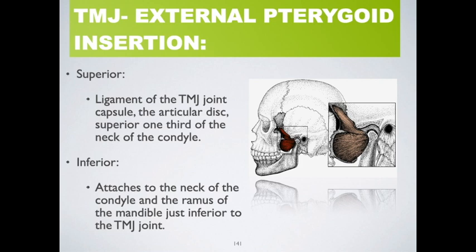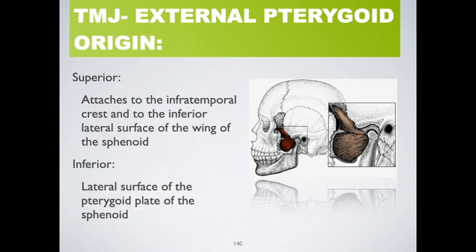We're going to go back one. Okay, so external pterygoid. The origin of the superior division is the infratemporal crest and lateral surface of the wing of the sphenoid. The inferior division comes off the lateral surface of the pterygoid plate of the sphenoid.